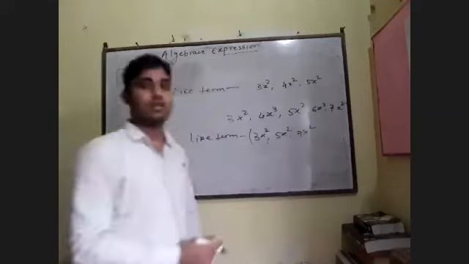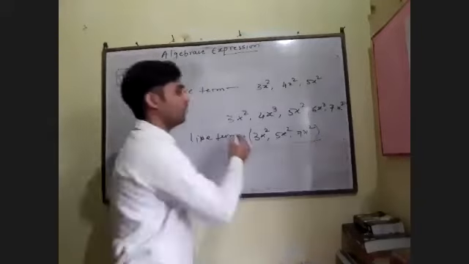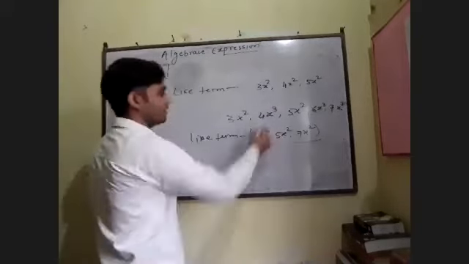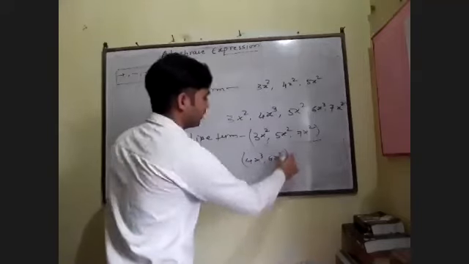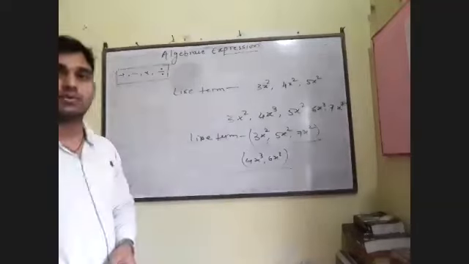These are one set of like terms. We can also see 4x cube and 6x cube. So these are another set of like terms. Understood now?